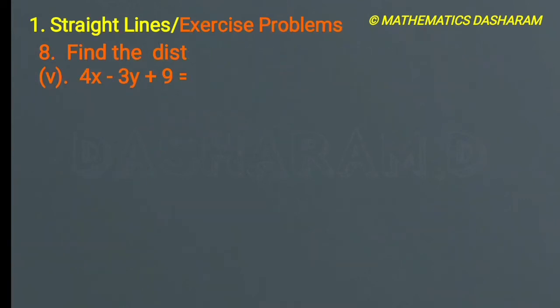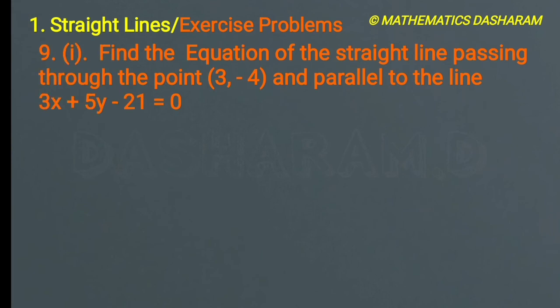Next, ninth question, the first problem. Find the equation of the straight line passing through the point 3 comma minus 4 and parallel to the line 3x plus 5y minus 21 equals 0. We know very well that if two lines are parallel, then their constant numbers are different and the x and y terms are the same.